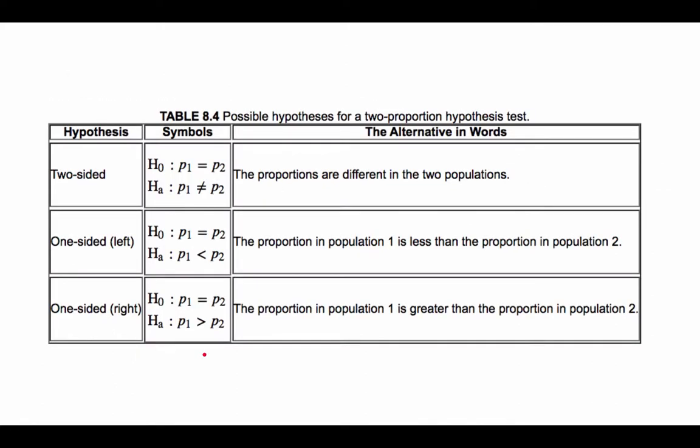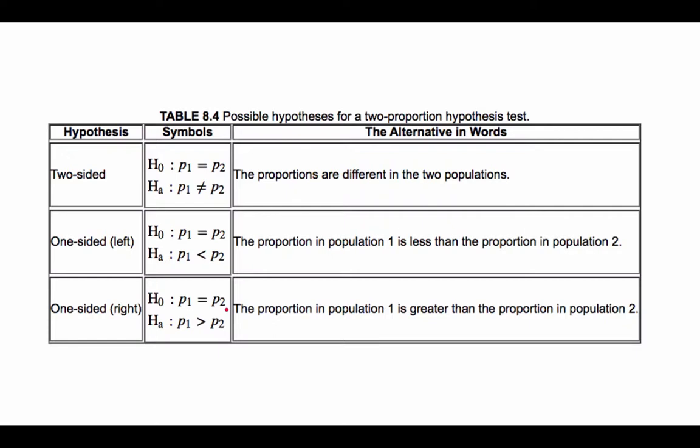Okay, so just a quick summary of the different kinds of hypotheses that you can have when you do two-proportion hypothesis tests. Your null hypothesis is always going to be that p1 equals p2. Notice how all of these have p1 equals p2 here. That one's pretty easy because you can always just write H naught, p1 equals p2.